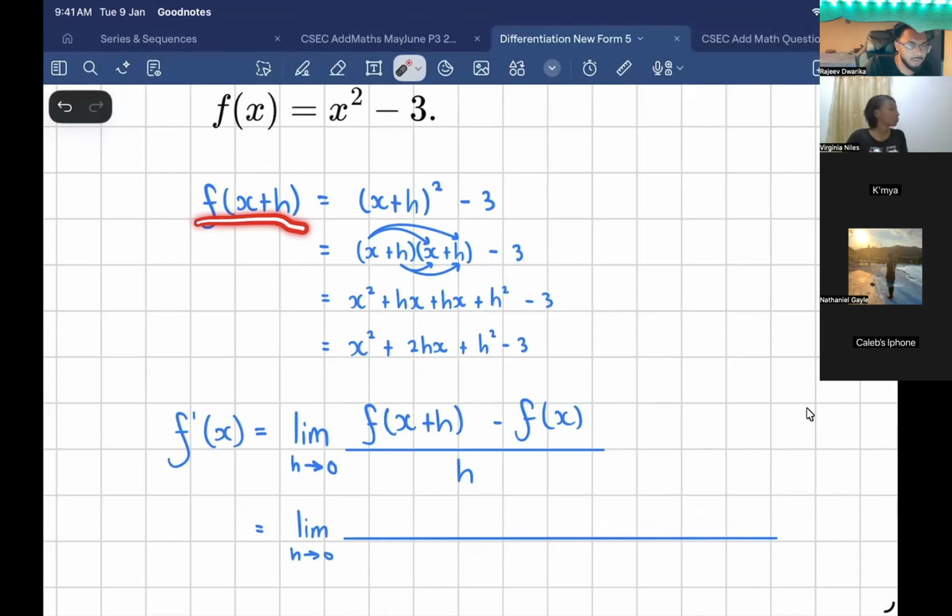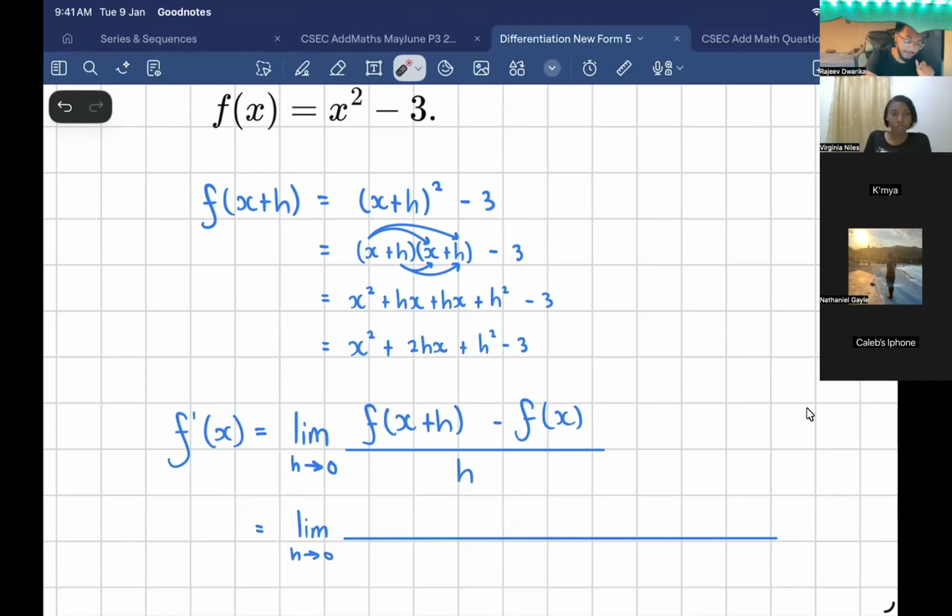It equals the answer we found, x squared plus 2hx plus h squared. I feel like there's a gap somewhere. I'm going to go over it just for safe measure. So f of x plus h, what's in the brackets? x plus h. Anywhere I see x in the function, I'm going to replace x with x plus h and simplify.